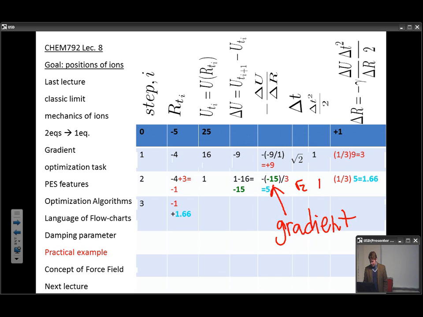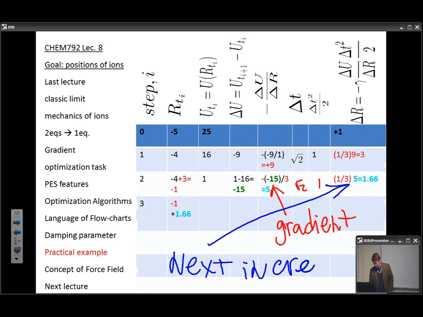And then we have same parameters for time. And now we are computing our next increment. How far should we go? So this is this gamma parameter, 1/3, and then this one is gradient.